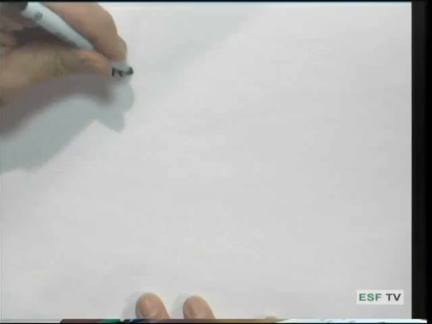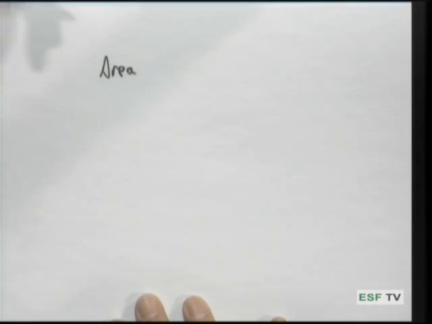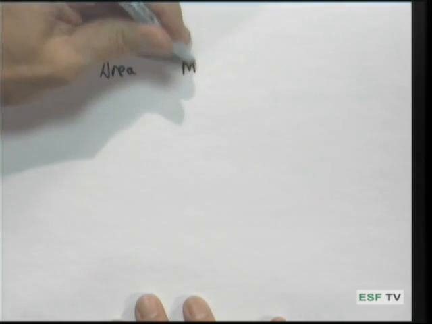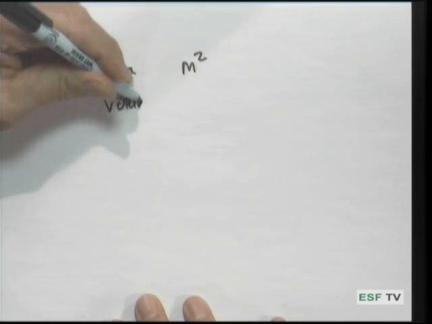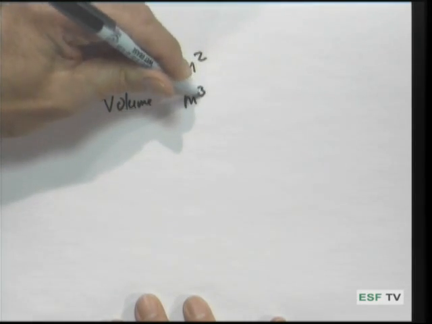Okay. Now, as we mentioned in our discussion of dimensions, you can use the rules for calculating derived dimensions and apply those to calculating derived units as well. So, for example, in SI terminology, the basic unit of area is the meter squared. The basic unit of volume is the meter cubed.